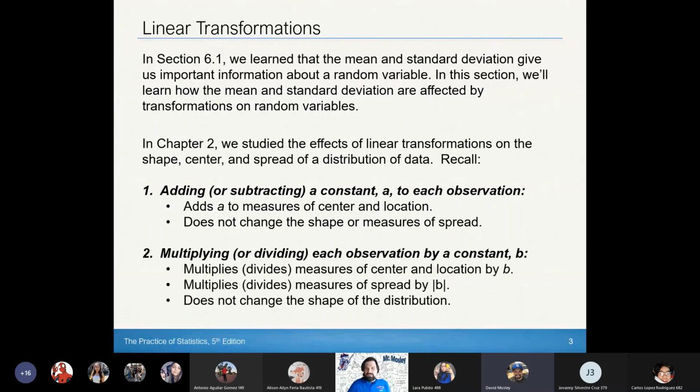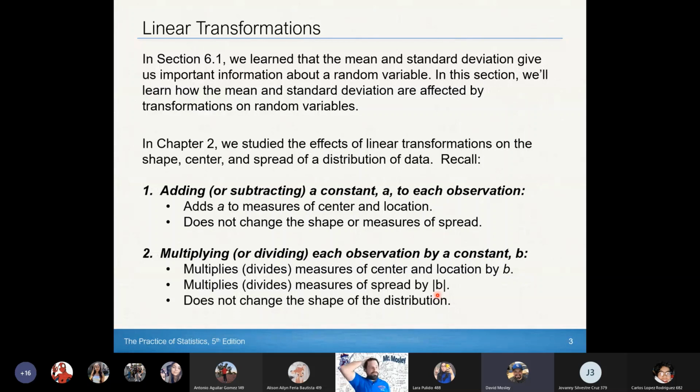Multiplying or dividing each observation by a constant B multiplies or divides measures of center and location by B. It multiplies or divides measures of spread by the absolute value of B. So if B is a negative number, we're just going to multiply by the absolute value of B. If the constant is -2, we'll multiply the measures of spread by 2, not -2.